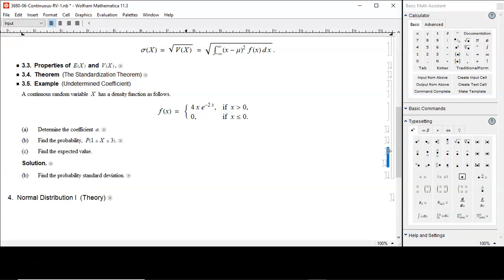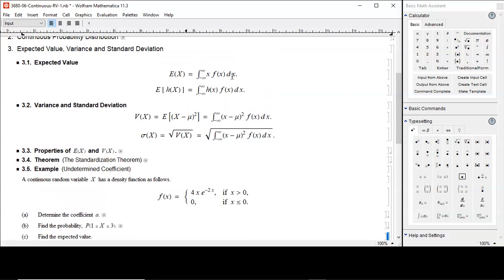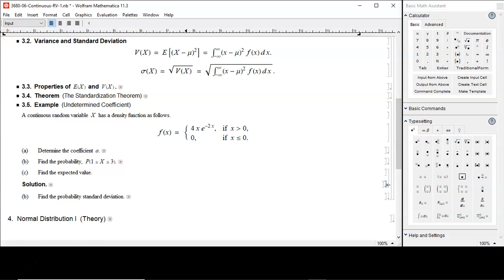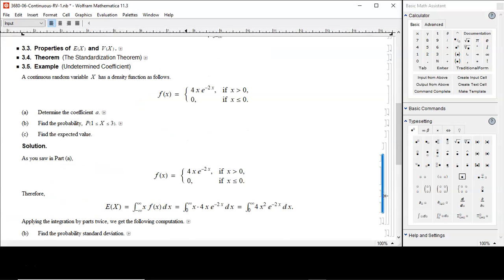Now, how about the expected value computation? It's this, isn't it? So h of x is right over here, but I multiply by an additional x. So here is the expected value computation. It's x times that.